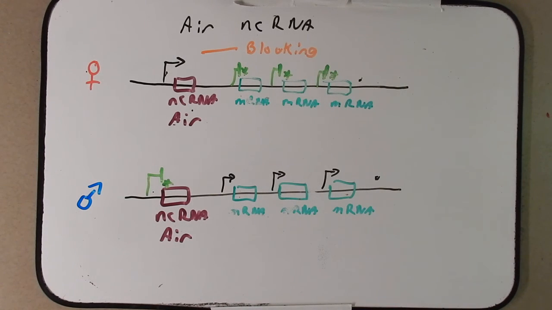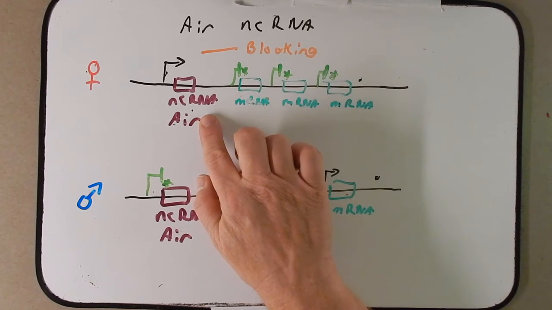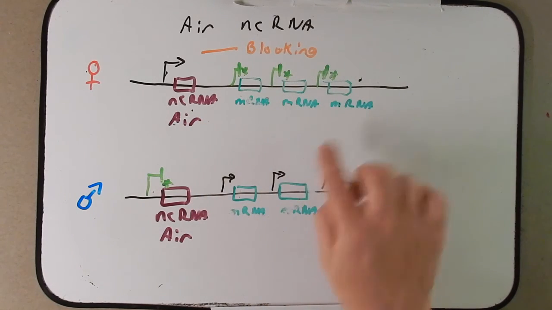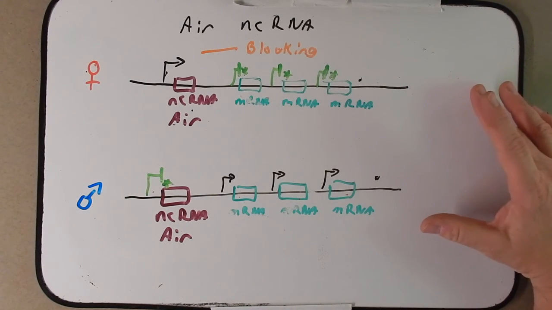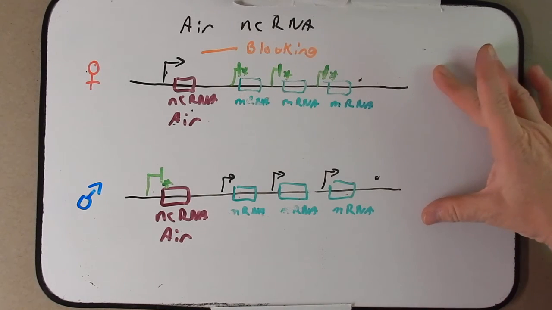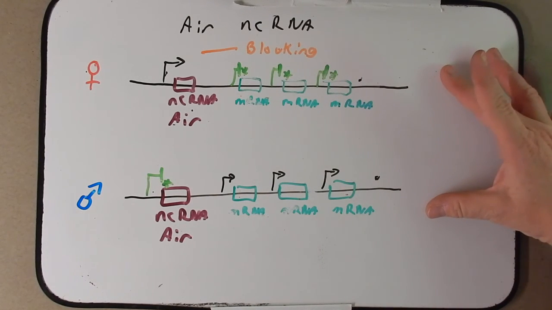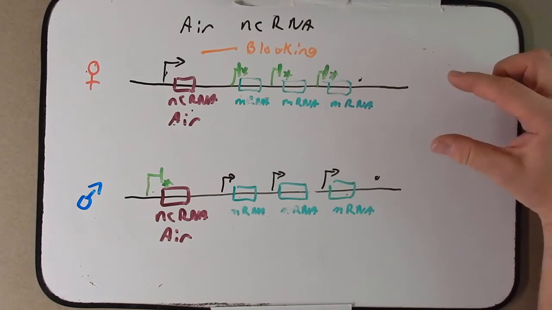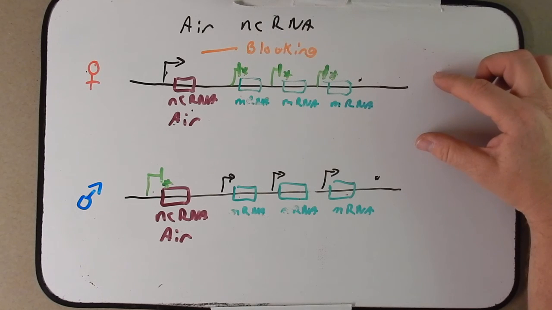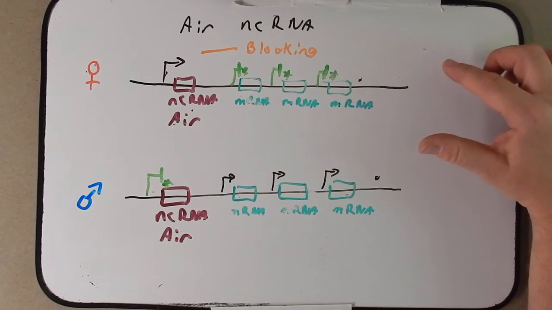Like most things with epigenetics, not all imprinted genes behave this way. In some cases, the non-coding RNA does not appear to regulate these messenger RNAs. But in this particular example, the air example, they do. A hypothesis as to why this level of regulation exists is that genes that have this level of regulation, where the non-coding RNA blocks these expressions, exhibit a stronger level of imprinting, meaning that it's harder to reverse the imprinting.